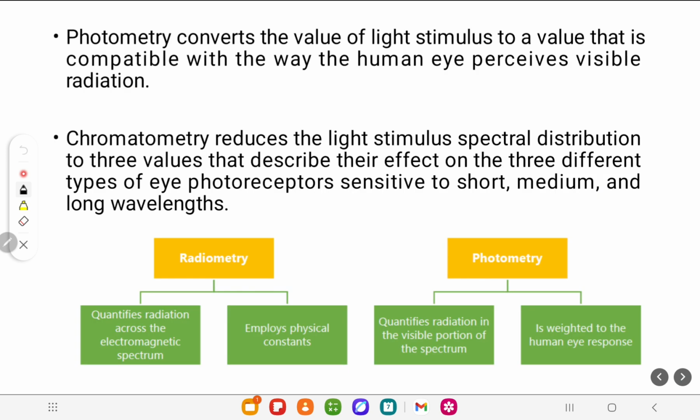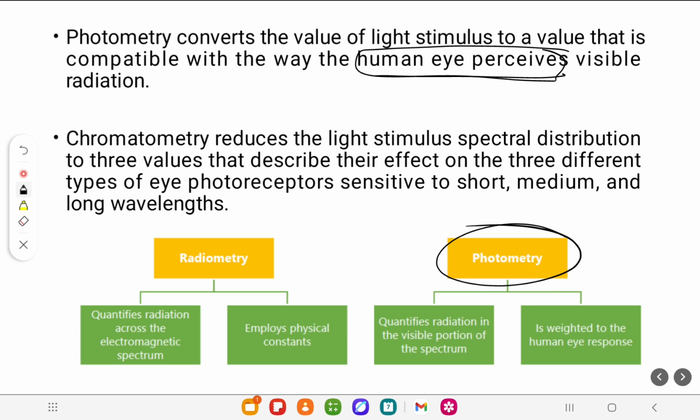Photometry converts the value of light stimulus to a value that is compatible with the way the human eye perceives, isn't it? It's a perception. Photometry means the visible wavelength measurement.